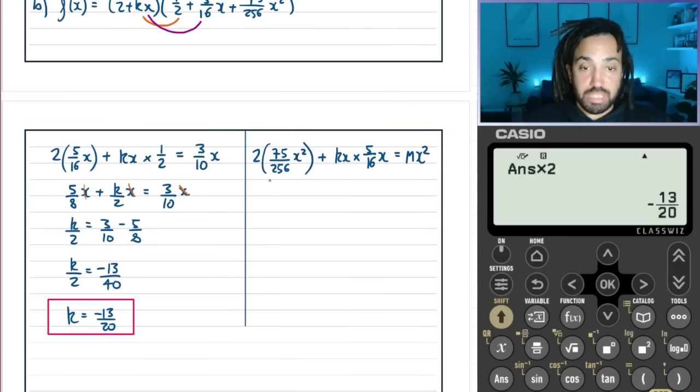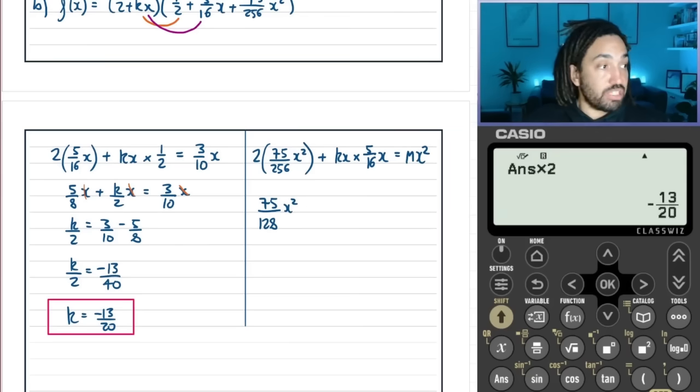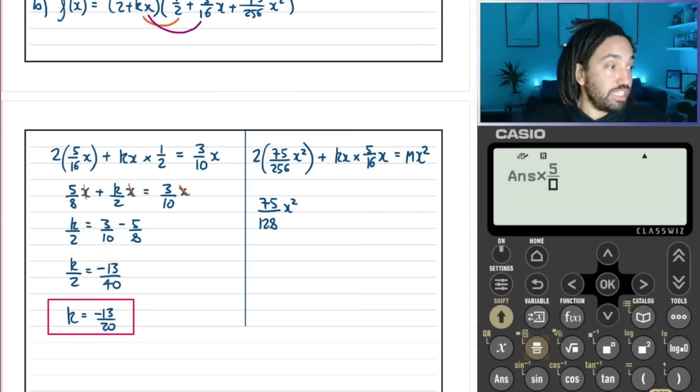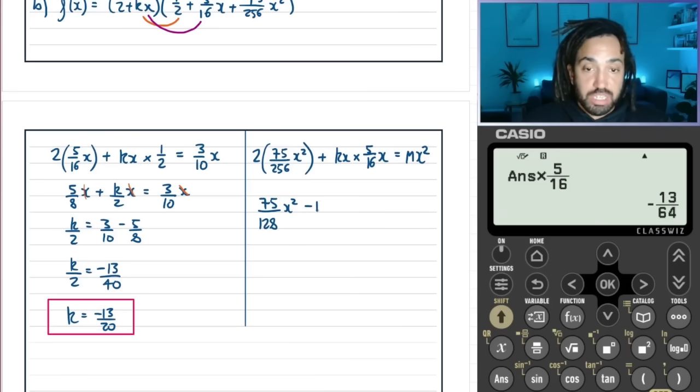Okay, so that's equaling mx squared. So let's simplify this up. So timesing through by 2 is going to give us 75 over 128 x squared. k we know is minus 13 over 20, and we need to times that by 5 over 16. And that gives us minus 13 over 64. And then the two x's times together to make x squared, of course. And that's equal to mx squared.